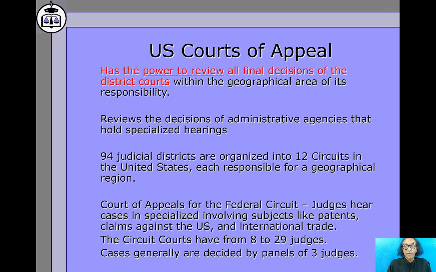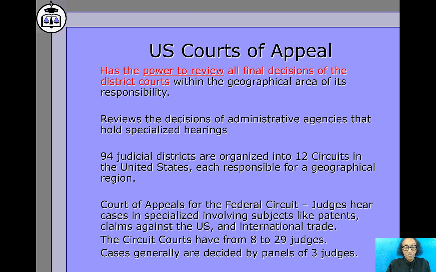For instance, if the person was not given his Miranda rights against self-incrimination, and that evidence was used in court, well, that is potentially a violation of the individual's right. The court could say that evidence should not have been introduced, and because it was, the person was denied due process, and the court can reverse that. That was the legal error that they corrected. So these are the kinds of issues they would review: legal errors, errors of due process, and things like that.